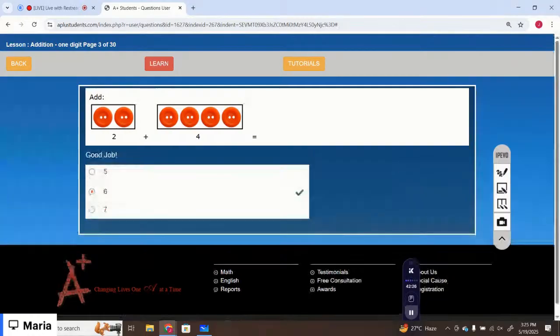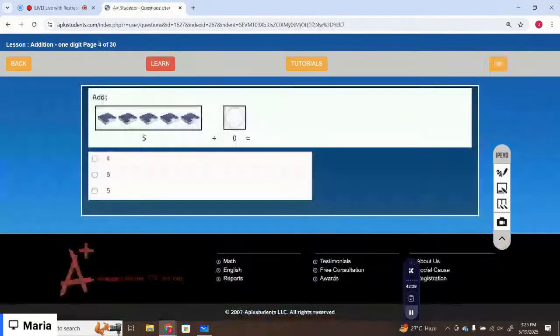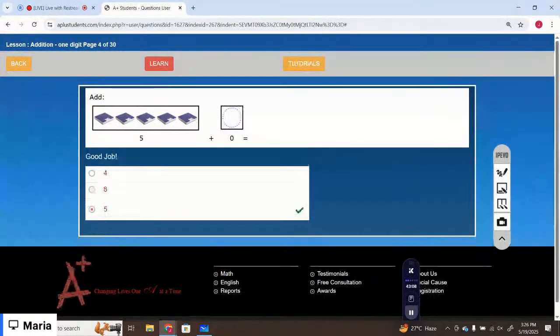Option number 2 is the correct option. And 5 plus 0, so which is the correct option? 5 plus 0 is 5. Option number 3 is the correct option.